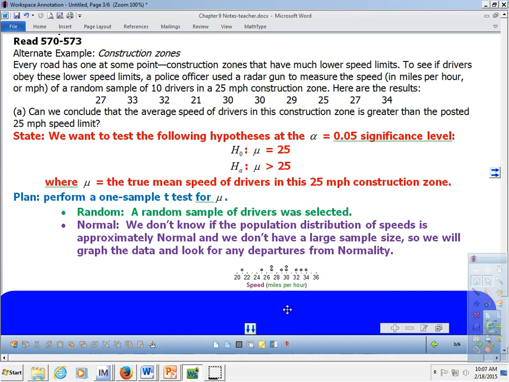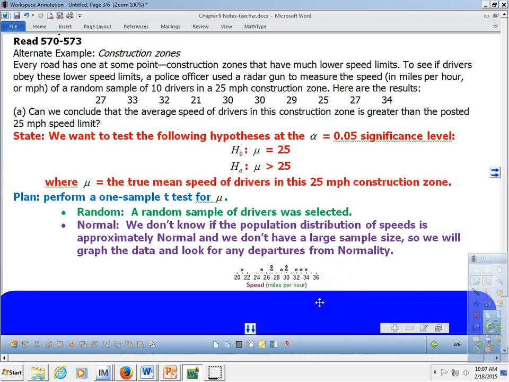So we look at that distribution, and there's no skewness really. There's not really much of any peak there, so there's no skewness and probably no outliers. There is this guy down here at 21, but it's really not that far away from the center of this thing, so my guess is it's not an outlier.